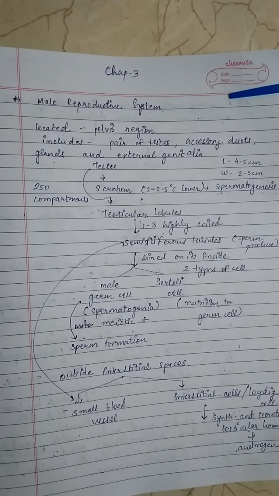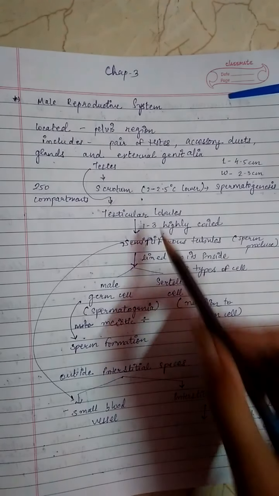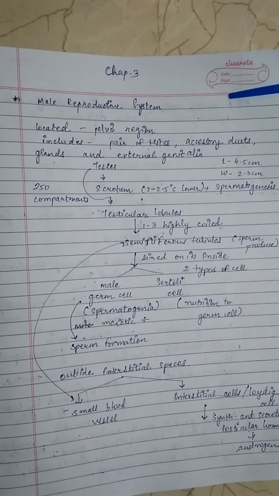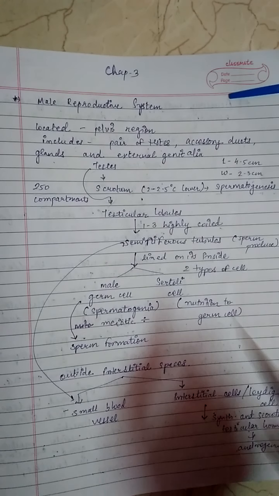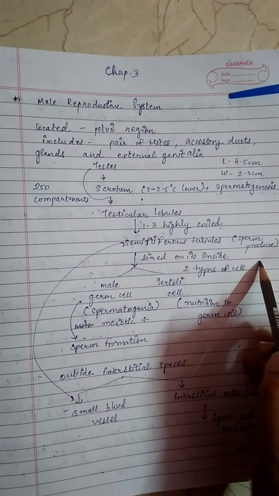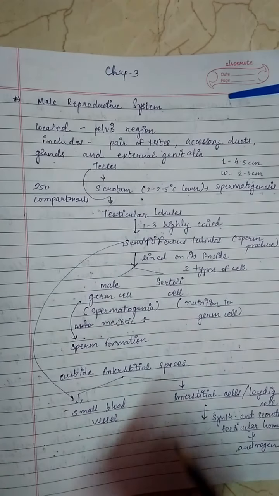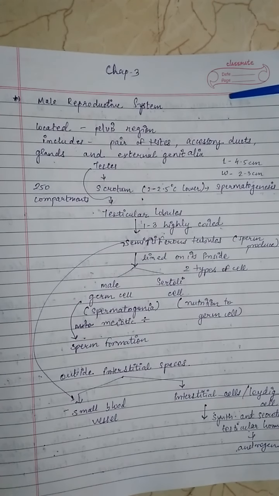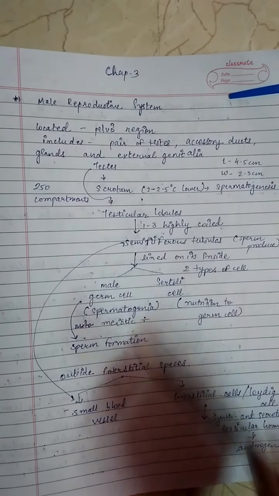Each lobule contains 1 to 3 highly coiled seminiferous tubules in which sperms are produced. When you know this whole flow chart, you can write a short note about the male reproductive system. Then we will go further.